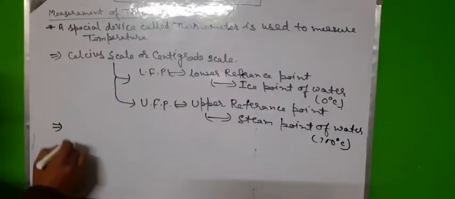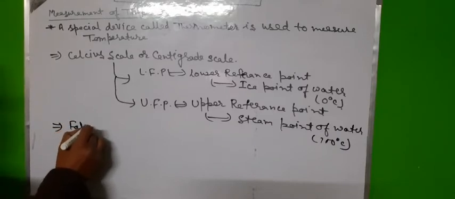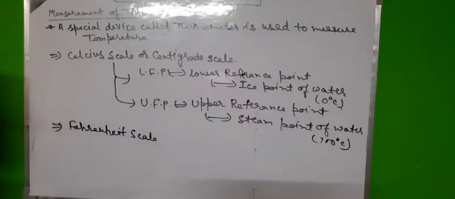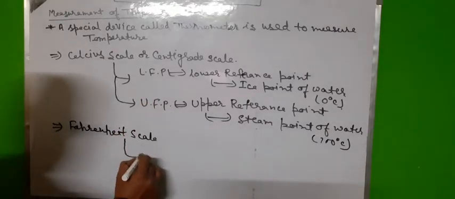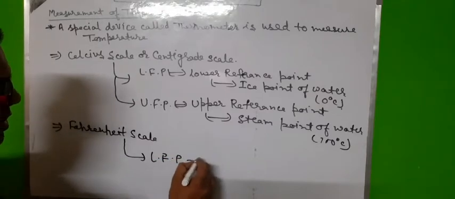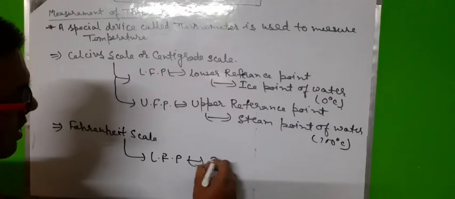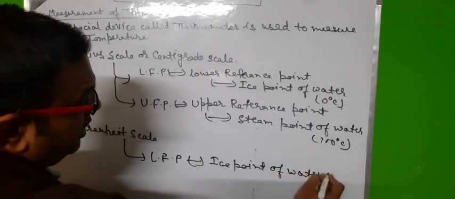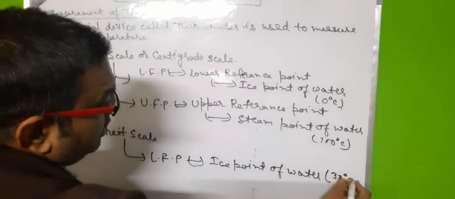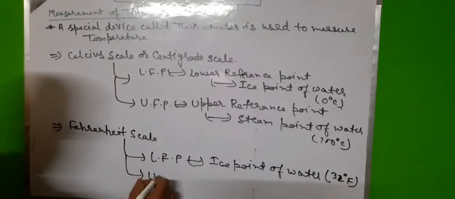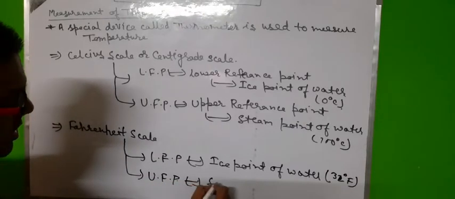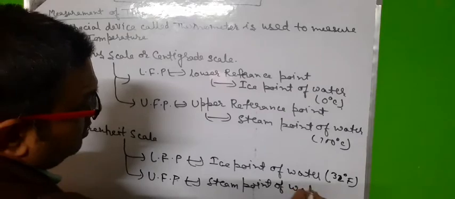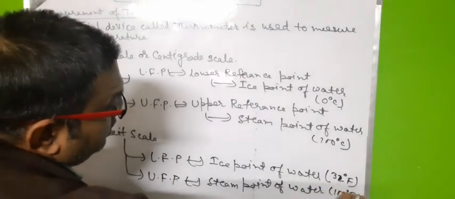Similarly, the second scale is the Fahrenheit scale, and here also we take the lower fixed point, that is the ice point of water, and it is equal to 32 degree Fahrenheit, and the upper fixed point is the steam point of water, and it is 212 degree Fahrenheit.